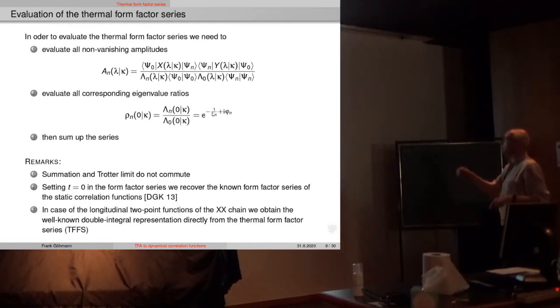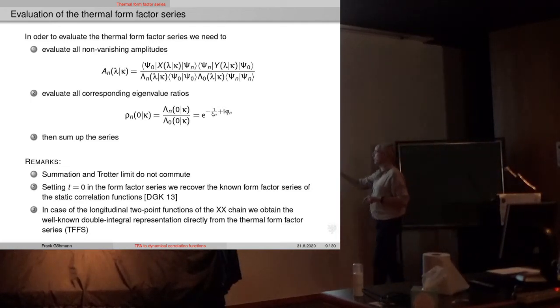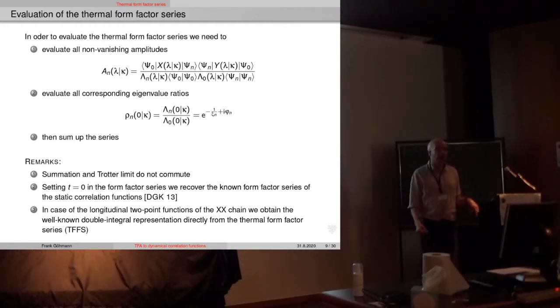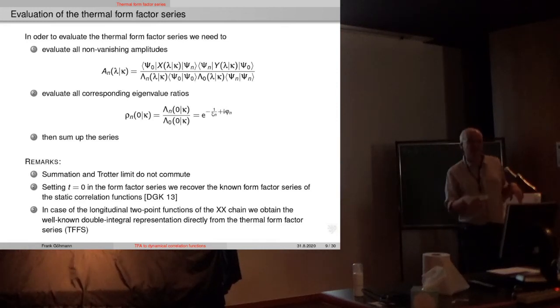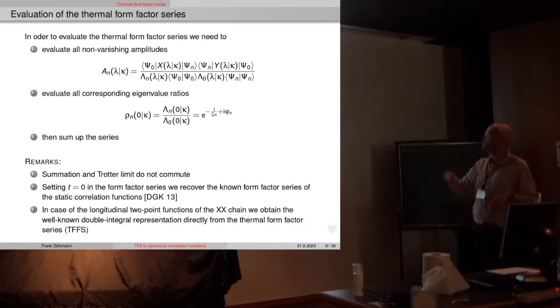And as I said, there are some selection rules, and there's a very special case in the XX chain, the longitudinal case, the simple case I showed you before. There is kind of a super selection rule. The selection rule says, in that case, that only one particle, one hole excitations have non-vanishing amplitudes.